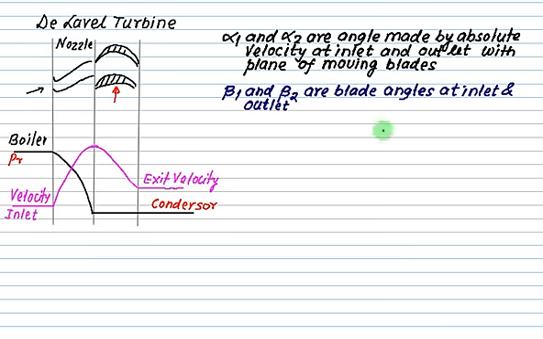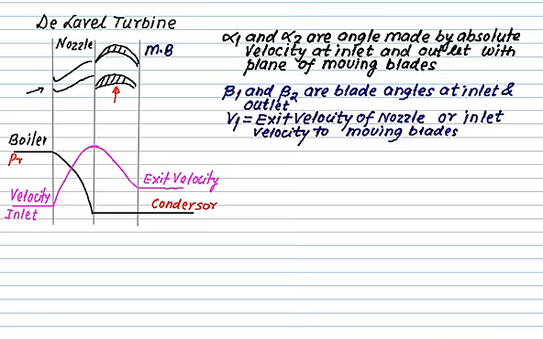Alpha 1 and alpha 2 are the angles made by absolute velocity at inlet and outlet with the plane of moving blades. Beta 1 and beta 2 are the blade angles at inlet and outlet. V1 is the exit velocity of the nozzle or inlet velocity to the moving blade.